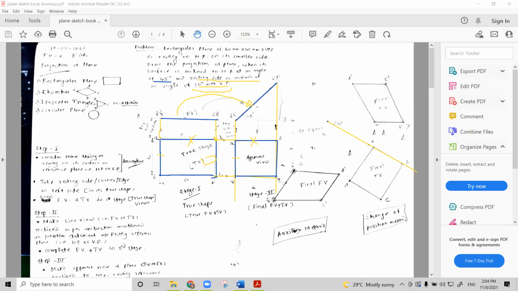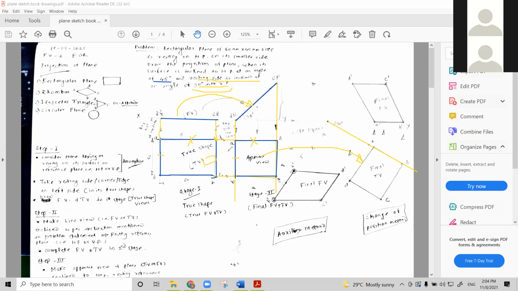Once you complete the inclined line, you have to copy this top view as it is here. You copy it as it is, meaning the AB line, the resting side, is inclined as given. So mark any point here as A.